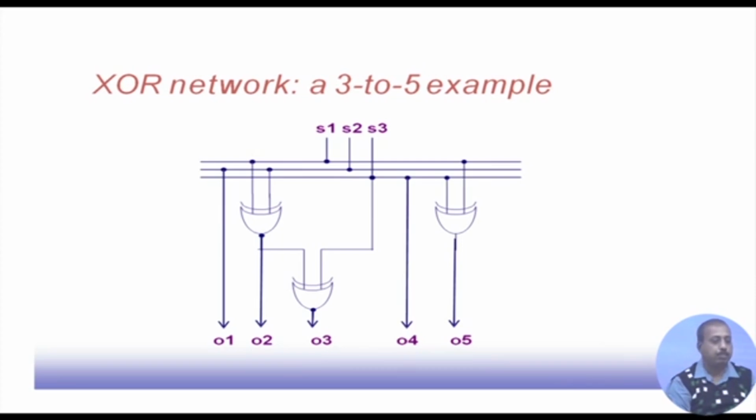A typical example may be like this: maybe we have got 3 bits coming from the ATE, S1, S2 and S3, and then we have got this decompressor made up of 3 XOR gates, and some of the lines are direct, like O1, then this O4. These lines are directly taken from say S2, S3 etc., and the rest of the lines are generated by a combination of these.